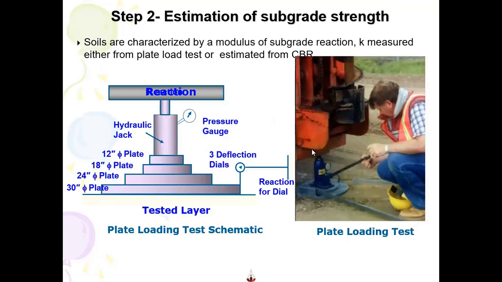It is just like when you are changing your tire, you use a jack. There's a plate, and from this jack, and this is a loadometer, and the deflection is measured somewhere else on the plate. Once you load this thing from here, you have this flow meter over here where you estimate the deformation.